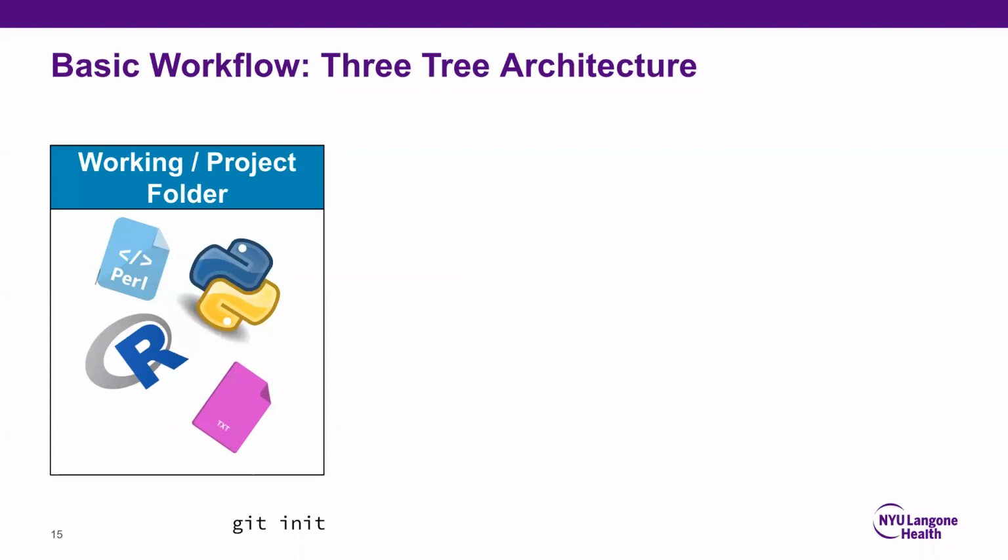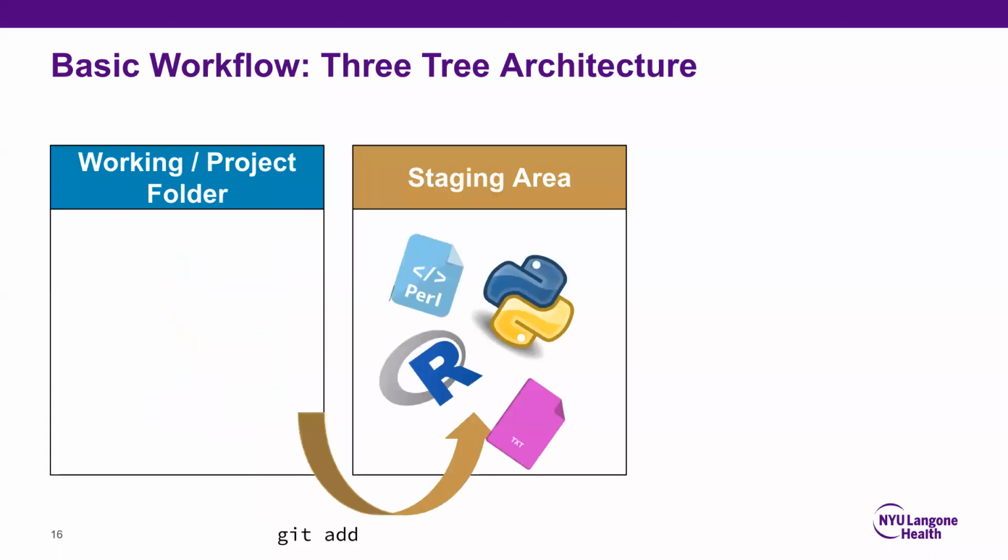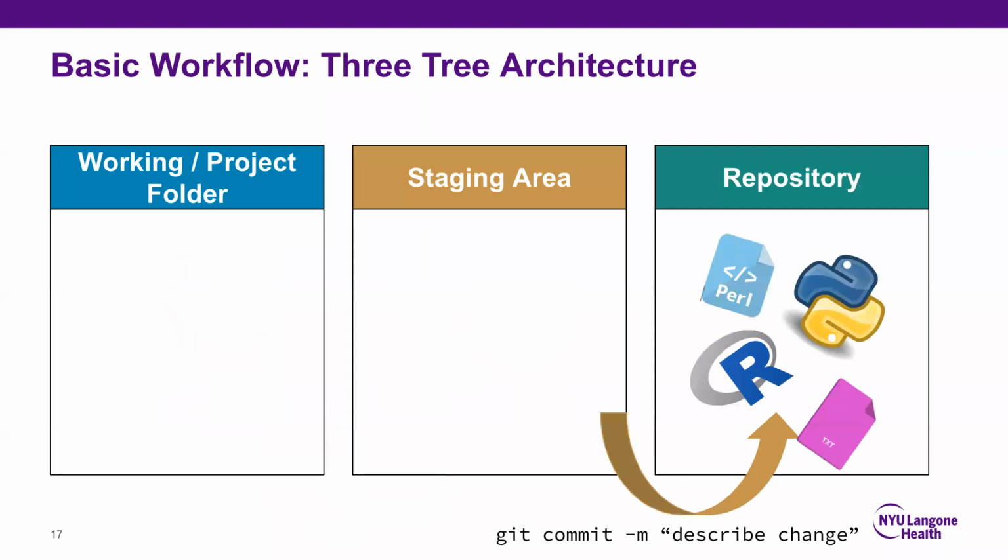Once I have made all of the changes that I want, I will stage those changes with a git add, adding them to the staging area. I can add all the files I'm working on, or just some of them. Then I finally do a git commit, which commits them to the repository, and I add a message describing the changes that I've made.